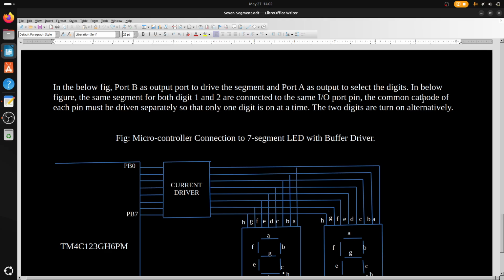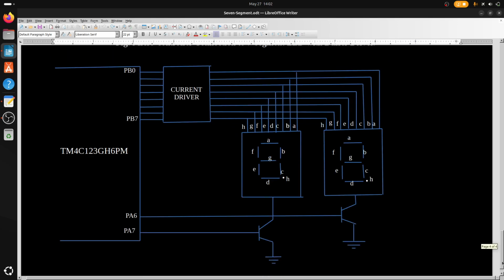The common cathode of each digit must be driven separately so that only one digit is on at a time. This is the common cathode diagram. In the common cathode, the cathode is grounded, right?